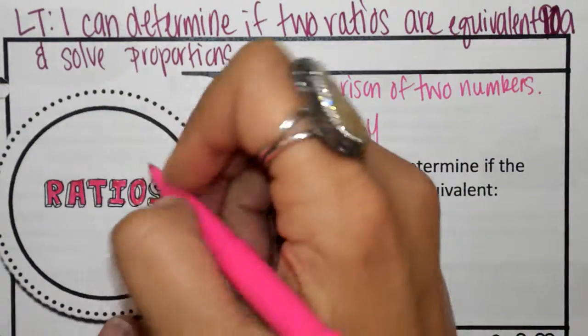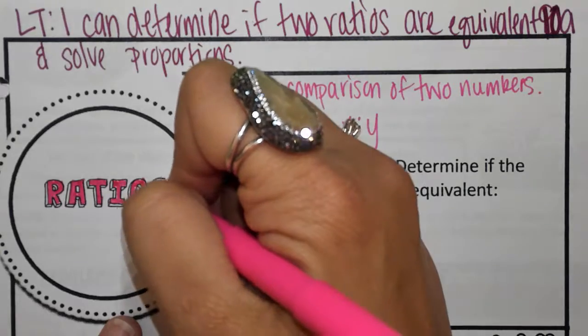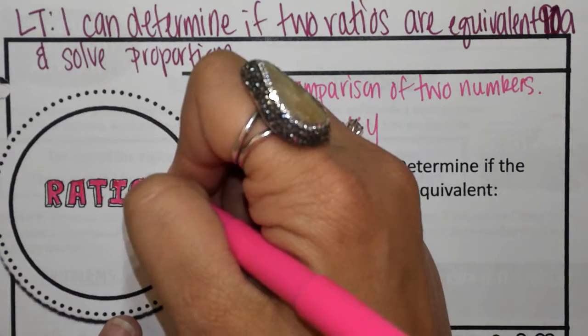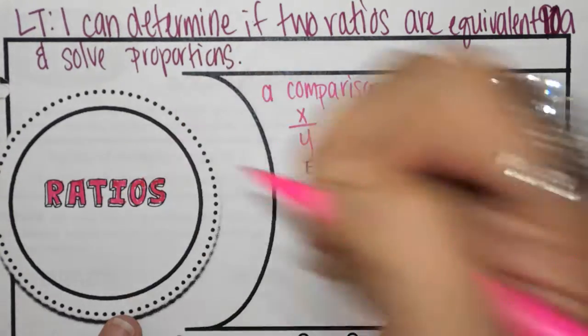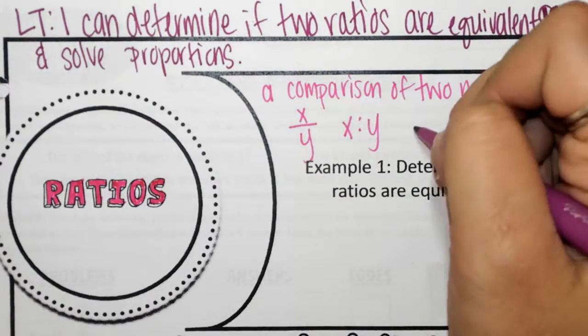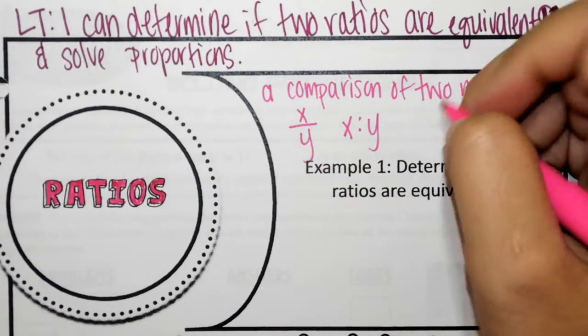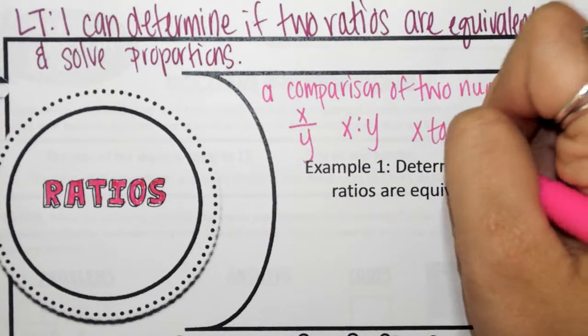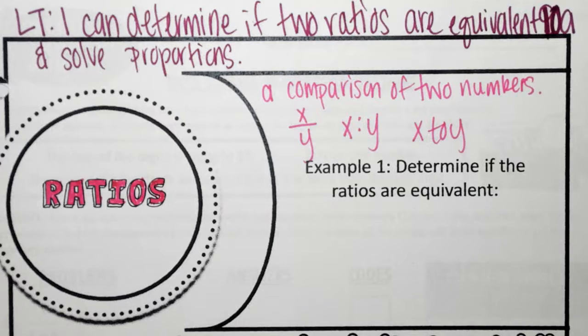And somebody besides Slytherin or Gryffindor. The last way, you just write x to y. Those are 3 ways to write ratios.